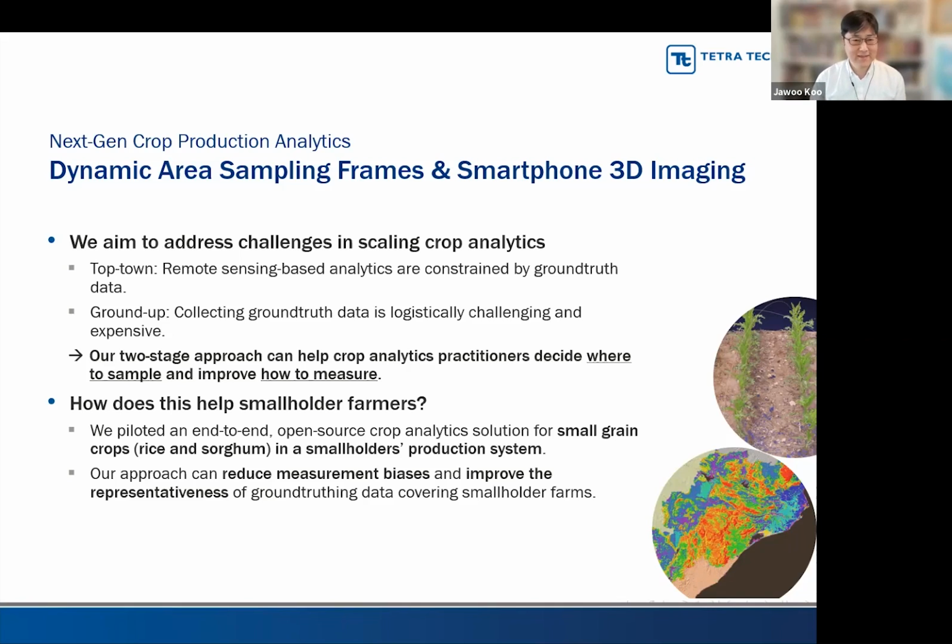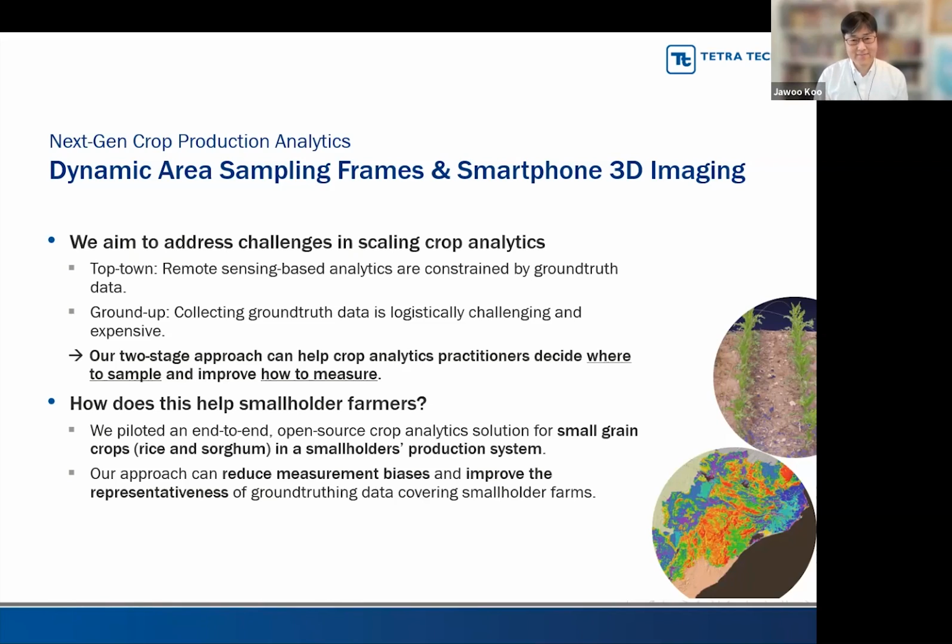So back in 2019, we had an idea that this problem really needs to be addressed at both scales. With the support of the ECAAS initiative, we developed a pilot in Odisha, India. Our first work stream was top-down, investigating how we can improve the sampling frames so that we can improve the representativeness of field data over space and time, informing where to collect, how many samples to collect, and how frequently we should collect such data.